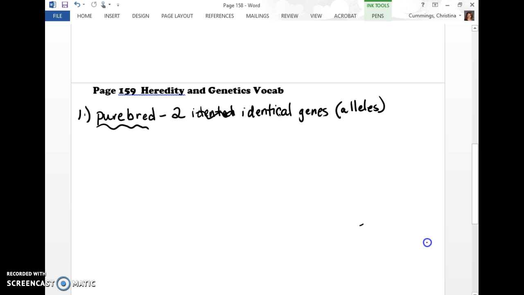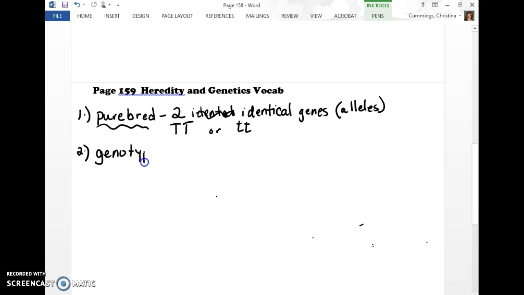Okay, now remember we represented genes with letters. So an example of purebred would be capital T because they're two dominant alleles, or lowercase t because they're two recessive alleles. So we'll talk about dominant and recessive again in a minute. So the second term we mentioned on page 158 was a genotype.